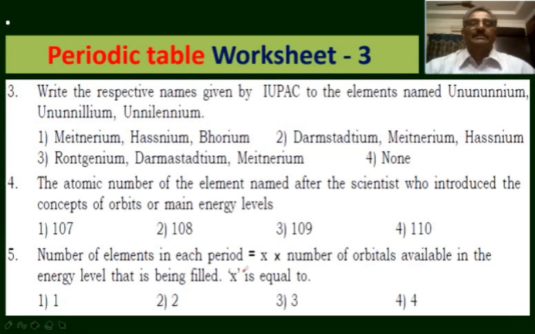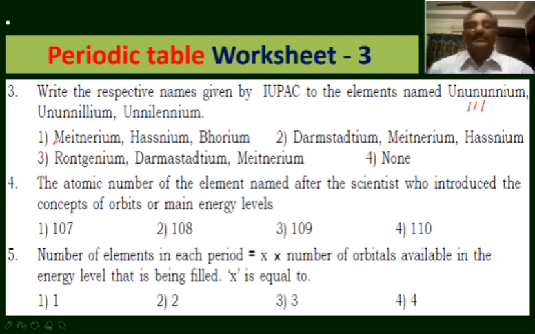Third question. Write the respective names given by IUPAC to the elements named unnium, unnilium, and unnilenium. Unnium means the element with atomic number 111.